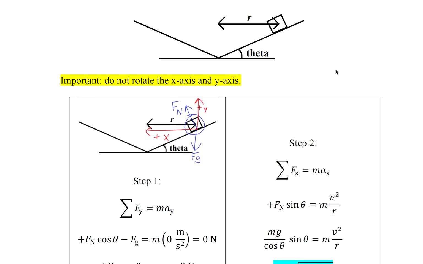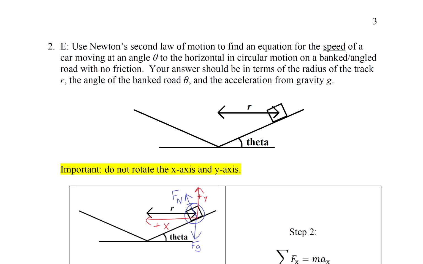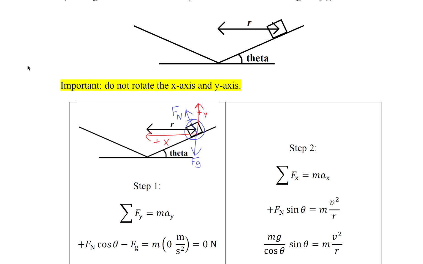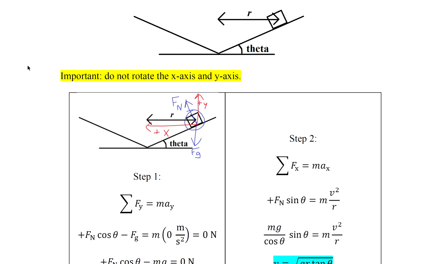So circle the object, label the forces, put an x and y axis. So remember, it says this road has no friction. So the only forces we have is force normal, 90 degrees from the surface, and force gravity down.